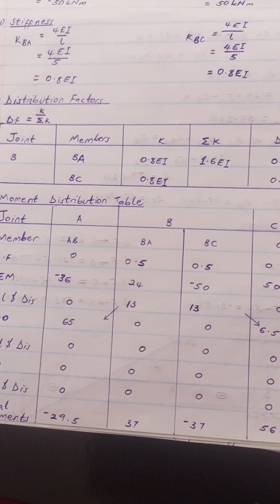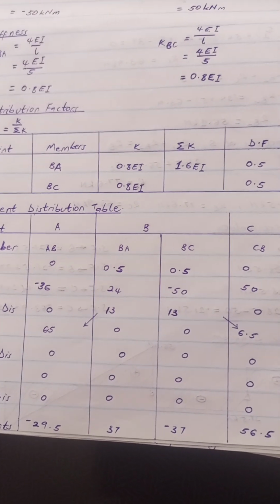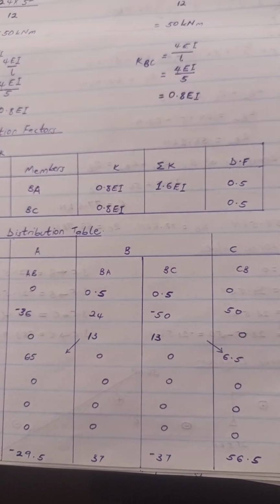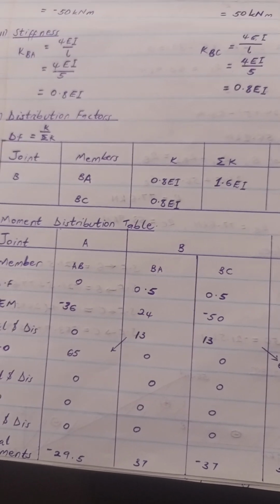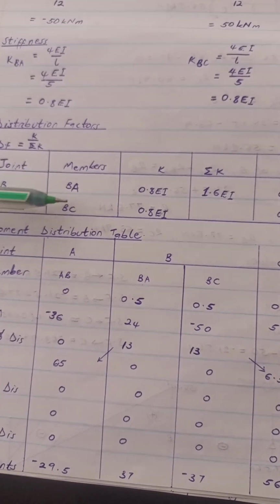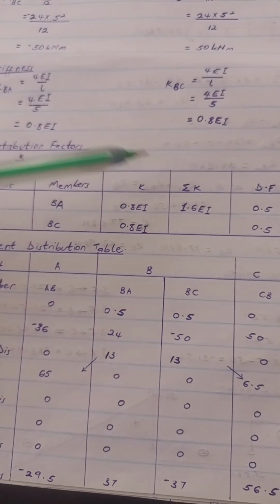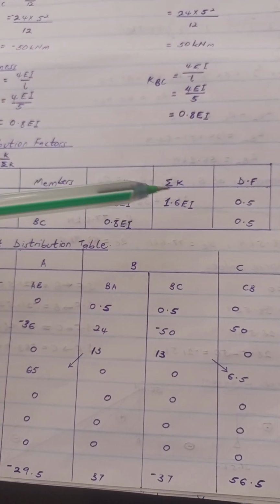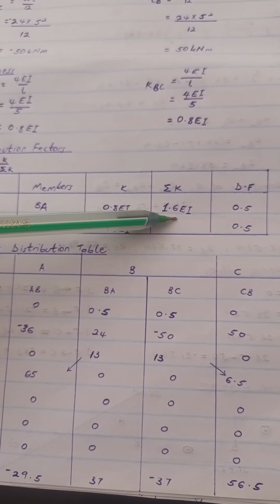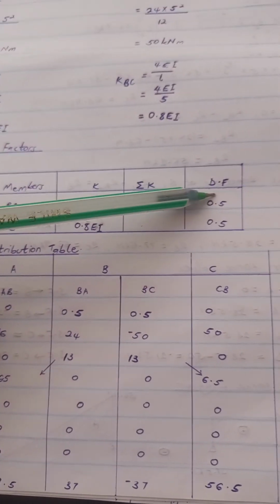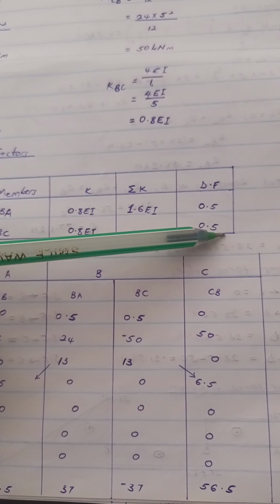The distribution factor is going to be found at the joint. But in our question, we only have one joint, and the joint is at B, and we have two members, that is BA and BC. We had already calculated the stiffness, so we're going to find the total stiffness, which is here, and find the distribution factor, which is represented by DF.